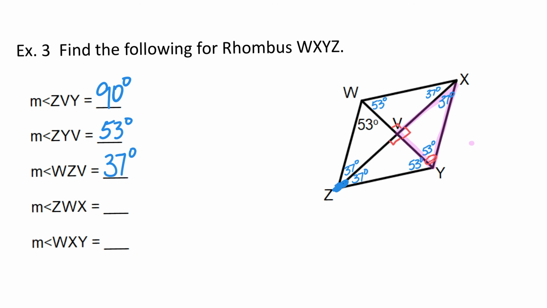From Z to W to X, a big angle. It's a combination of two 53s. So 53 times 2 is 106 degrees. And then lastly, we are going from V to X to Y. So that's our outer angle there. 37 twice would be 74 degrees.